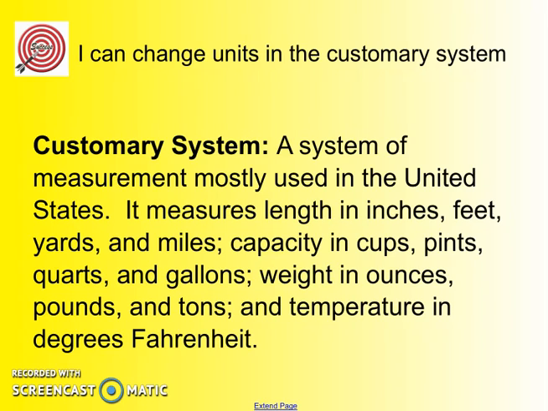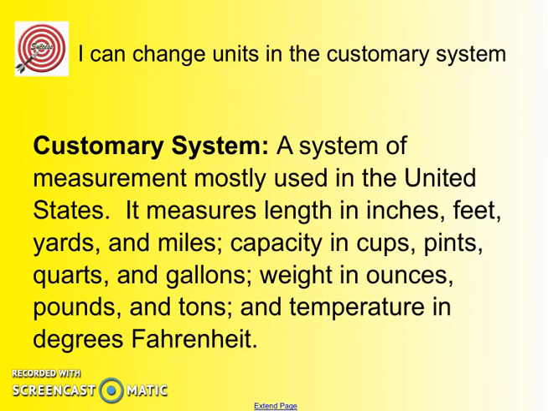And so let's talk about, first of all, what is the Customary System? Well, it is a system that we use to measure, and it's mostly used in the United States. It uses measurements such as inches, feet, yards, or miles, and that's to measure length.